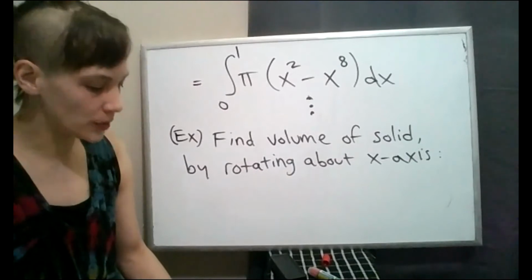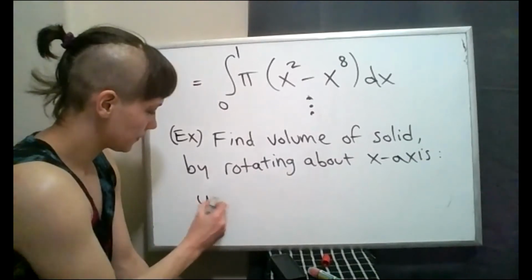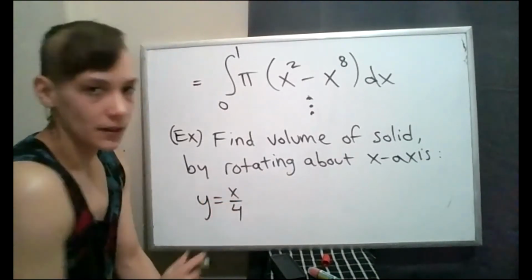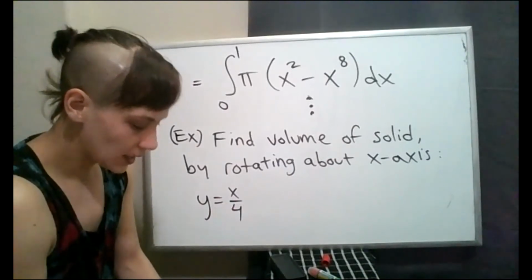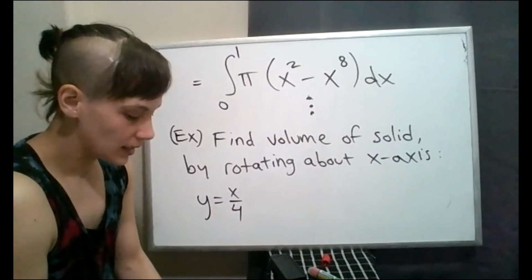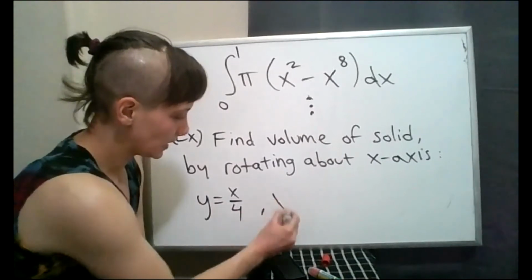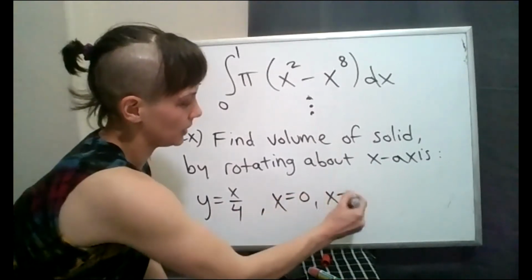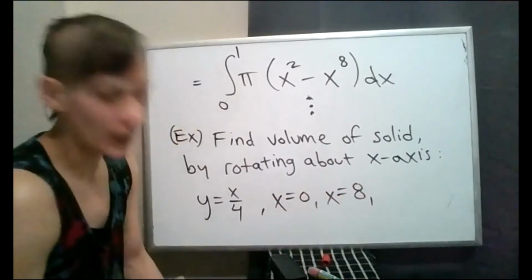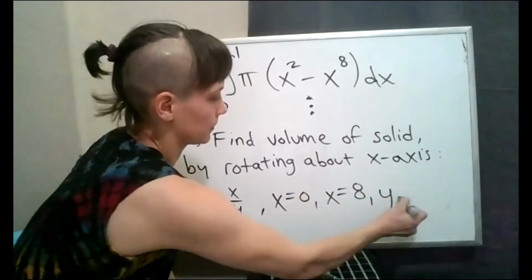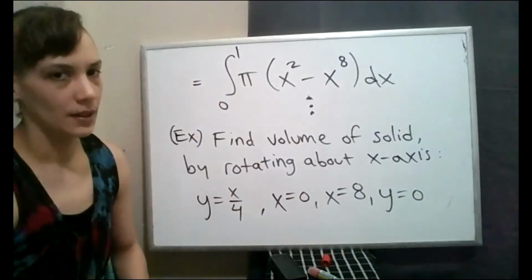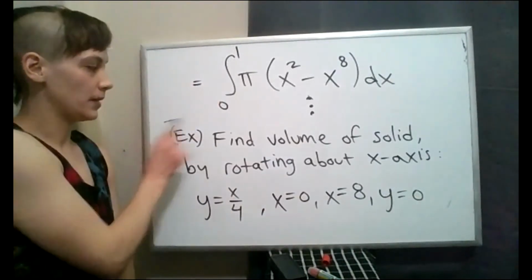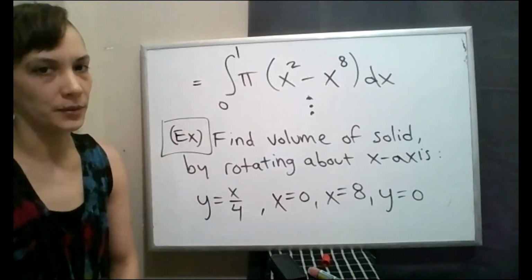It's y equal to x over 4. So it's kind of like a question from exam 2. You have x equals 0, x equals 8, and y equals 0. So I'm probably going to put something very close to this on the final.